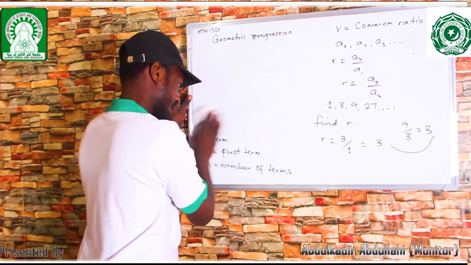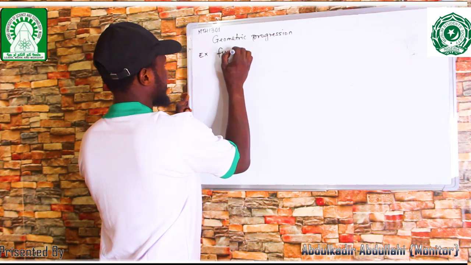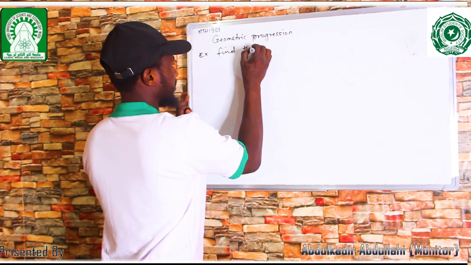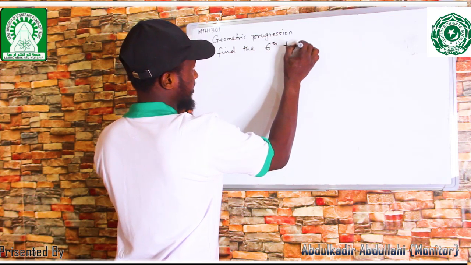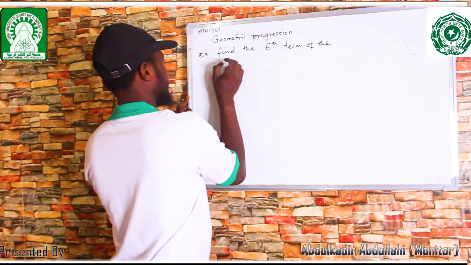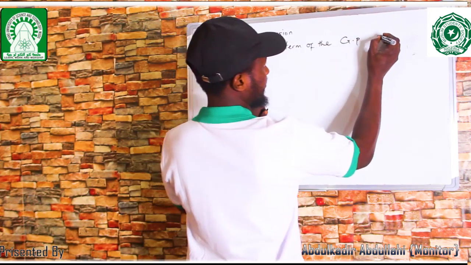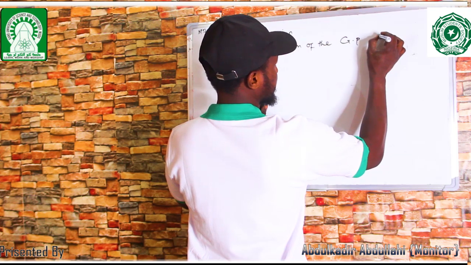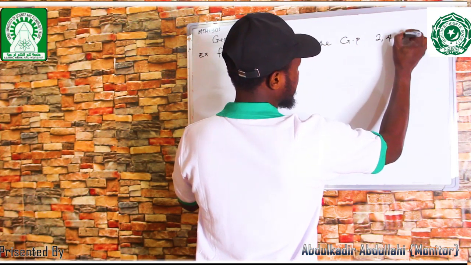Now let's take a look at an example to see how we are going to find a term in a geometric progression. Find the 6th term of the GP. Let's say this is the GP: 2, 4, and 8.